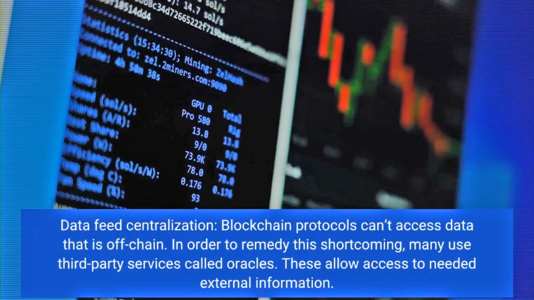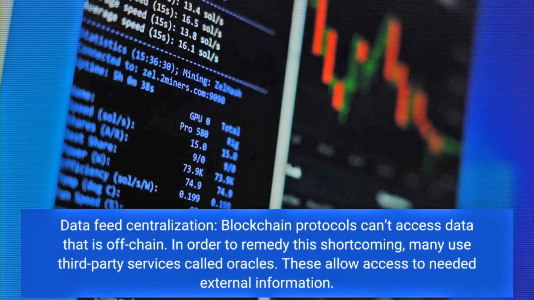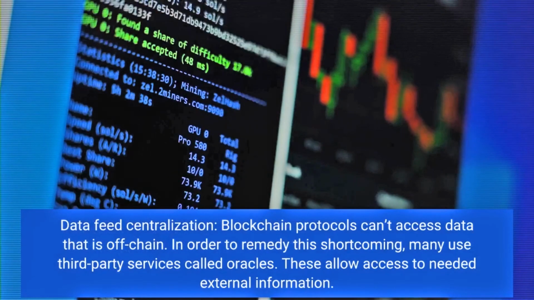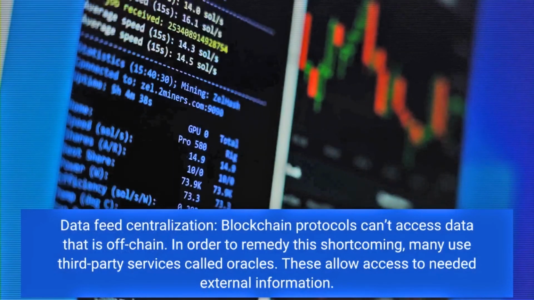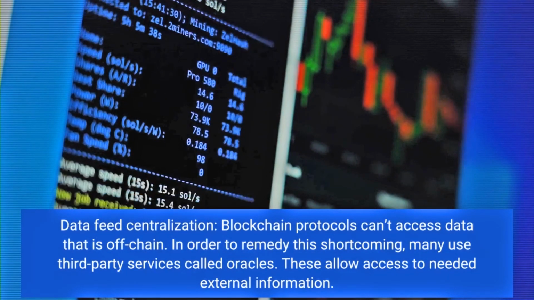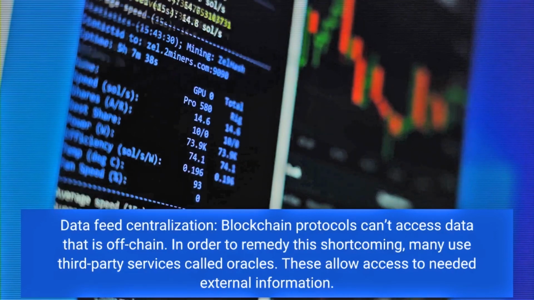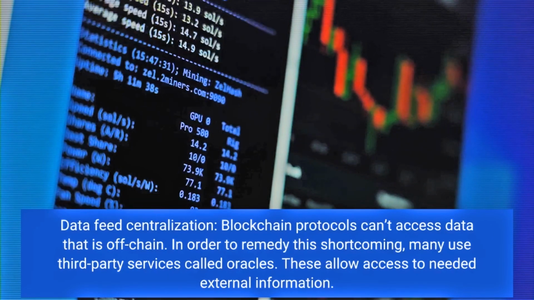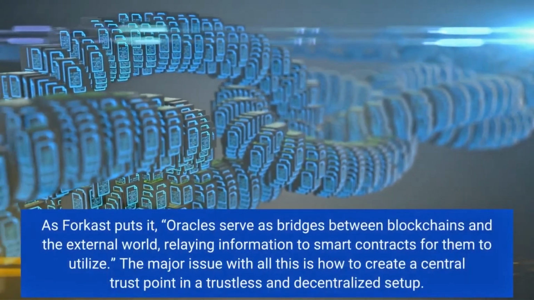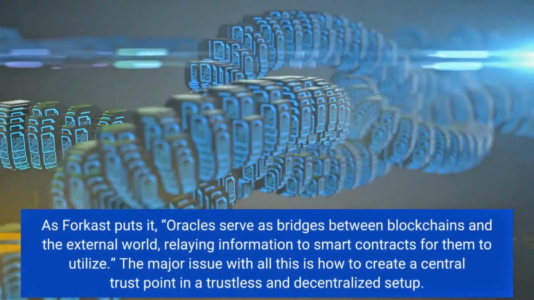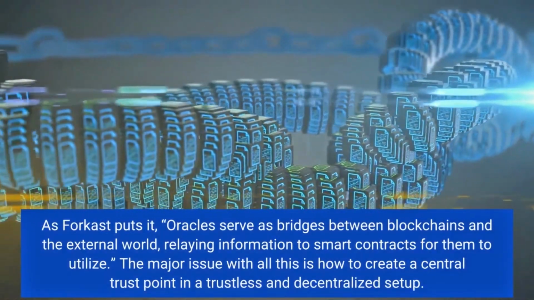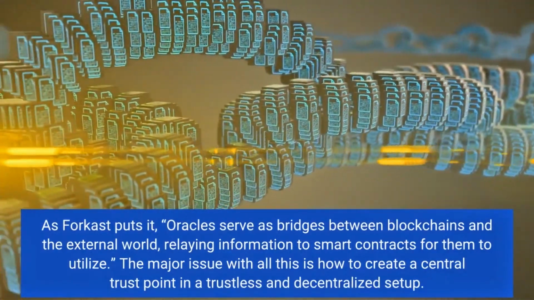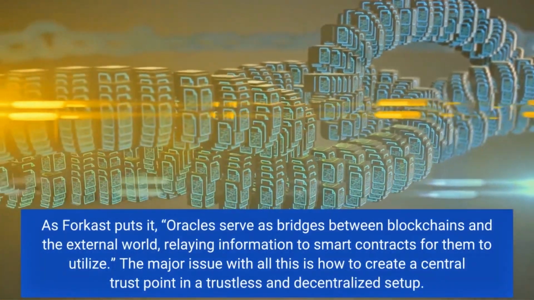2. Data feed centralization. Blockchain protocols can't access data that is off-chain. In order to remedy this shortcoming, many use third-party services called oracles. These allow access to needed external information. As Forecast puts it, oracles serve as bridges between blockchains and the external world, relaying information to smart contracts for them to utilize.